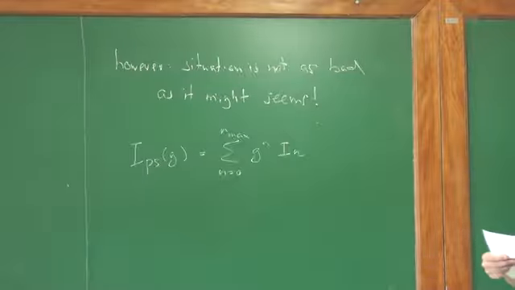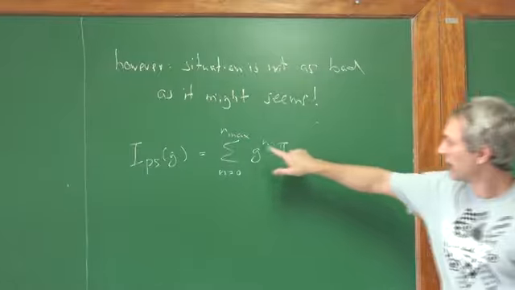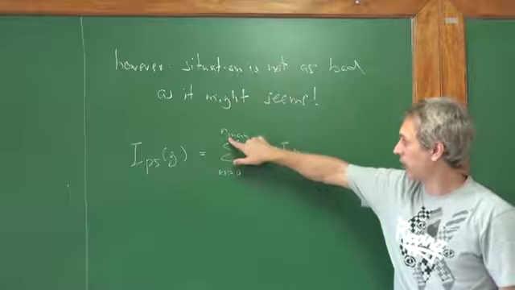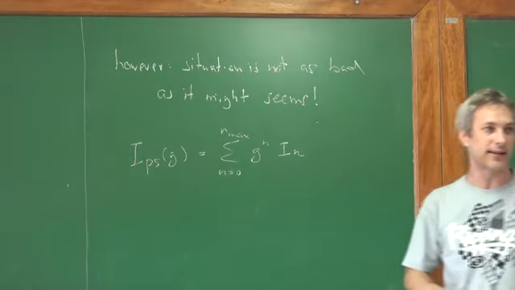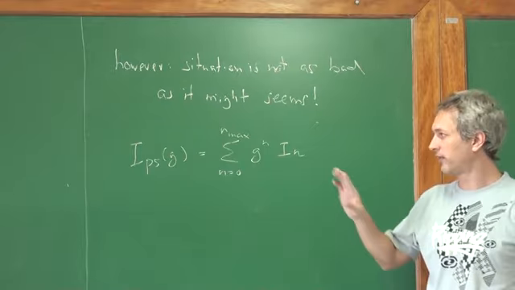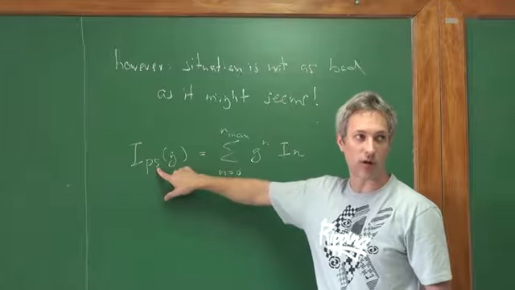Let's see what this gives us. The idea is, if we choose this cleverly, then the partial summation can give a very, very good approximation of the original integral.